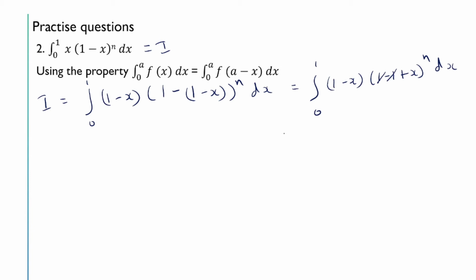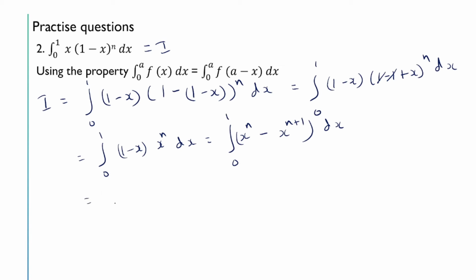So 1 minus 1 will go. So this will be equal to integral 0 to 1, (1 minus x) into x raised to n dx, or it is equal to integral x raised to n minus x raised to n plus 1 dx from 0 to 1. Now it is very easy.